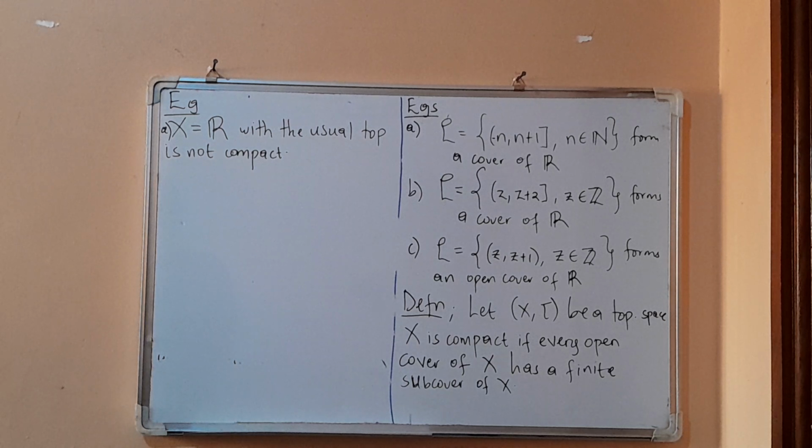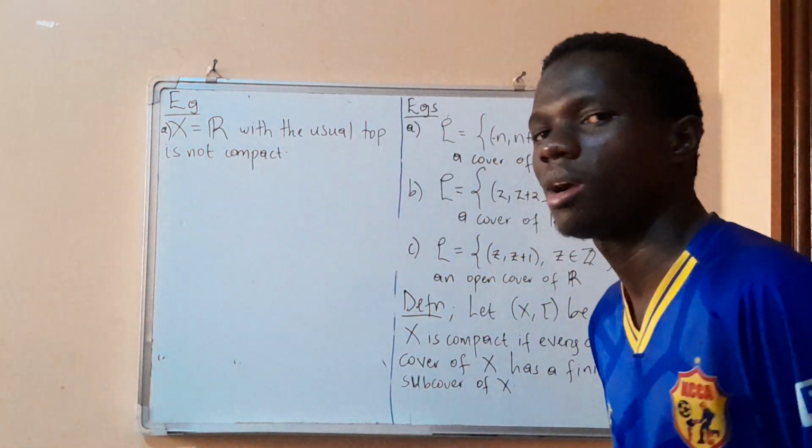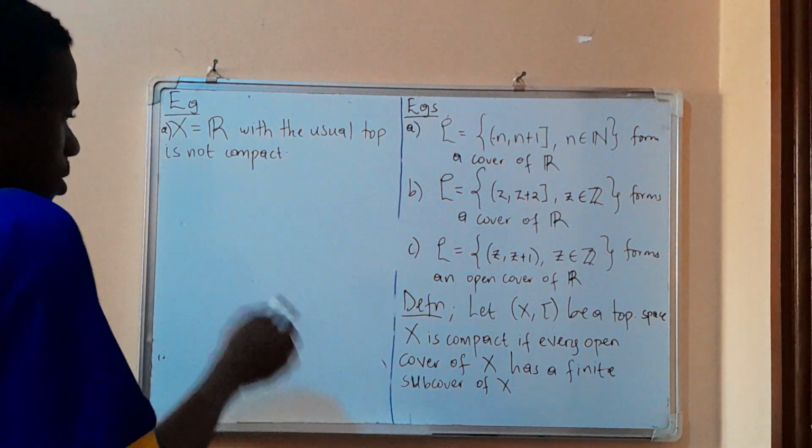So how can we demonstrate this? We say that a space is compact if every open cover has a finite subcover. So we need to construct an open cover of R without a finite subcover. How are we going to construct that?